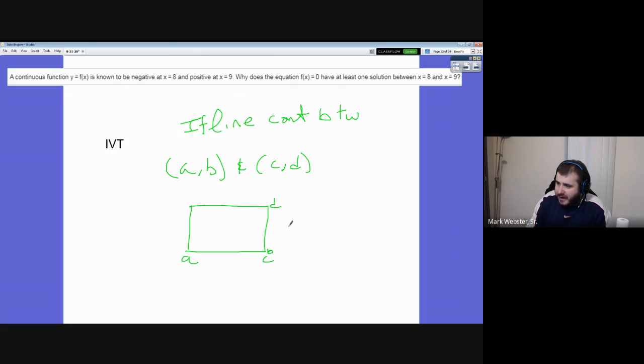That is to say, if I pick this point, let's call it 5, there's some x value along this curve, let's call it 3. So if I pick a 5 because it's in between B and D here, then there better be an x value to go with it on this function.